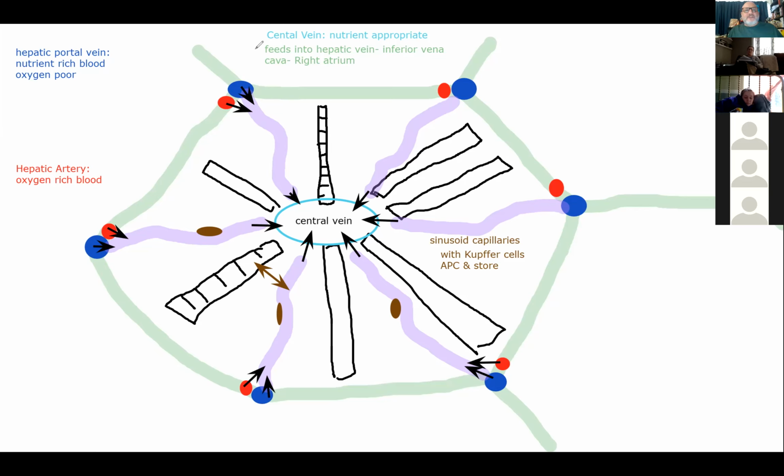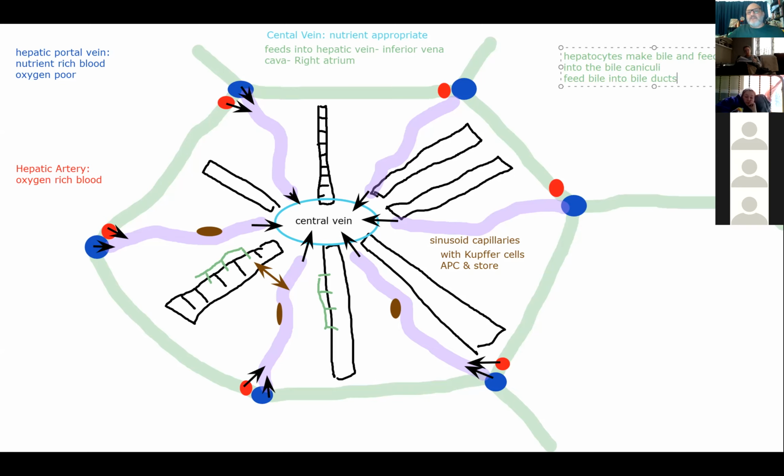When they make this bile, whoops, hold on. Shucks, I didn't want that to be green, but that's all right. When they make that bile, they feed that bile into these tiny little canal-like vessels, bile vessels, called bile canaliculi. These bile canaliculi feed the bile into bile ducts.